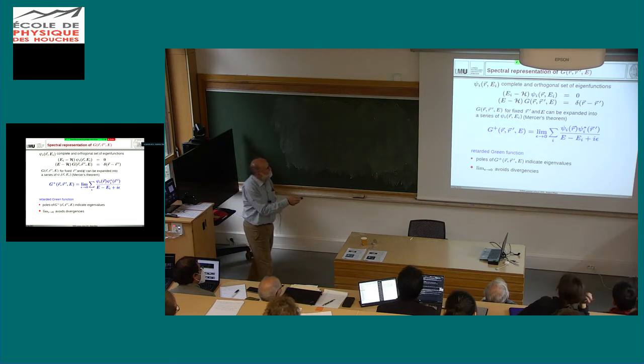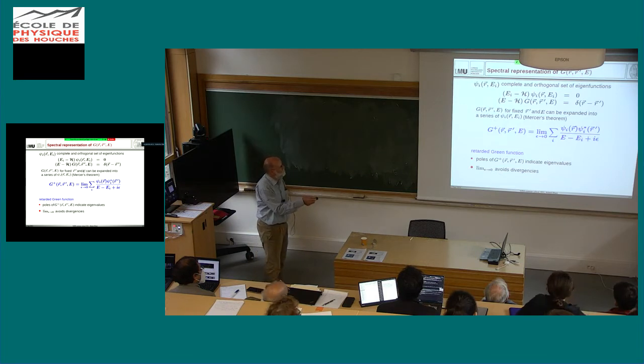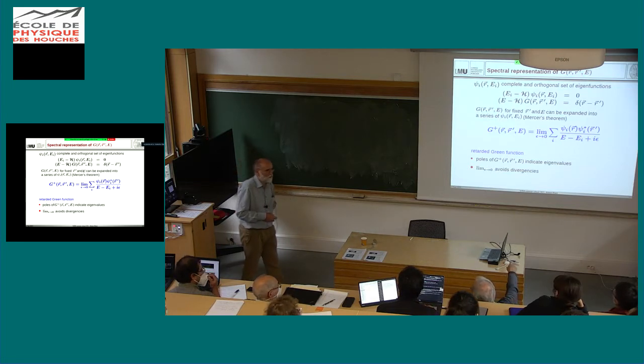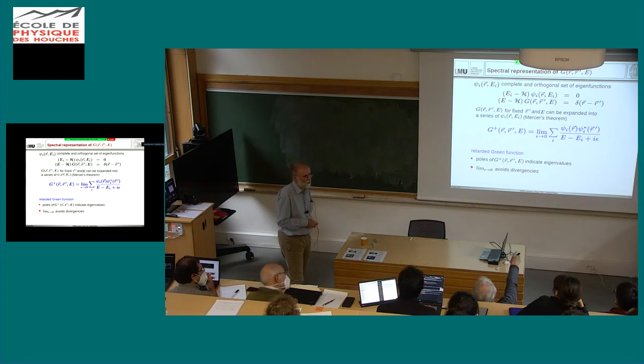Now there is one subtlety that was already mentioned this morning. We have not simply E minus E eigenvalue, but we have some correction. That means we add some imaginary part to the energy if you want, and we look for the limit epsilon going to 0 to avoid divergences here. Probably I has a different meaning here, right? I look at the denominator. Oh yes, you're right.